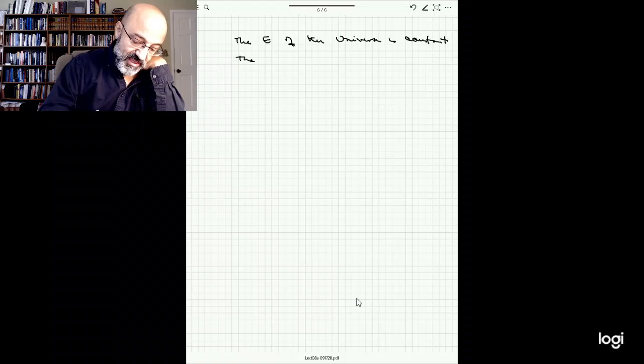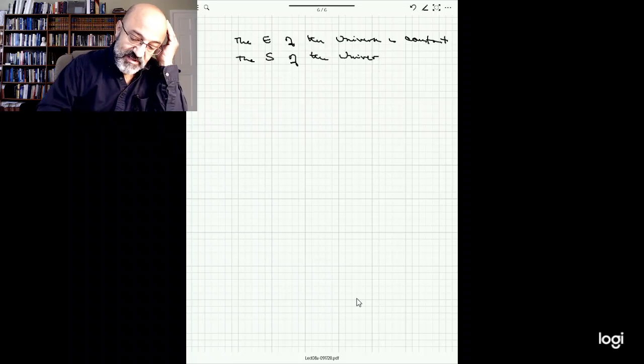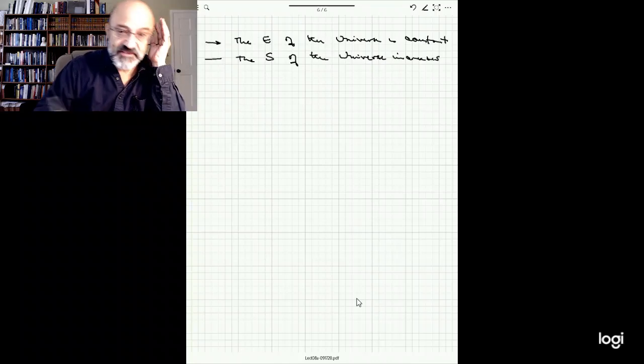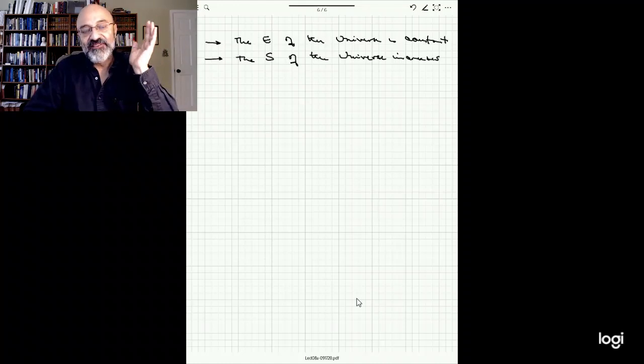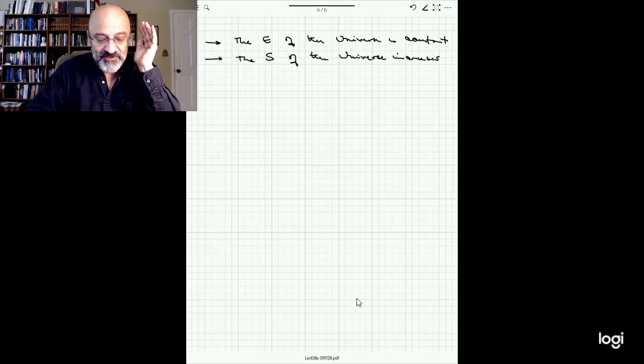The entropy of the universe increases. The first and the second law. This is very nice. It's the kind of thing you would like to write on a T-shirt, but you have to be extremely cautious.